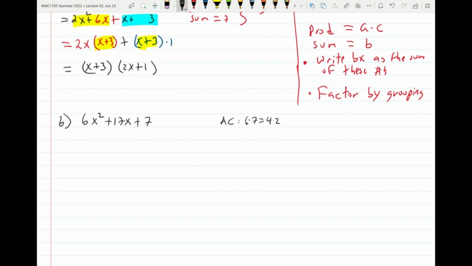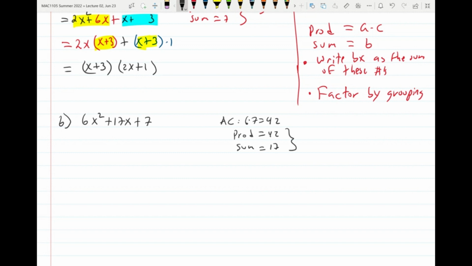And then you need to find two numbers so that the product between them is equal to 42, but their sum is 17. Okay, good.